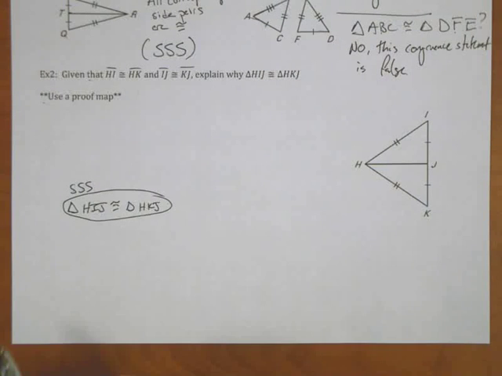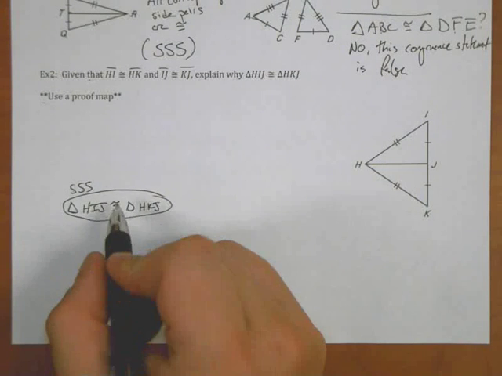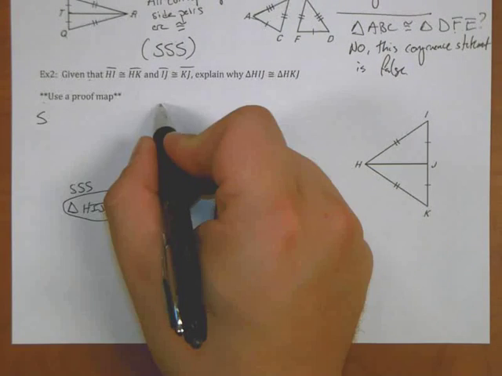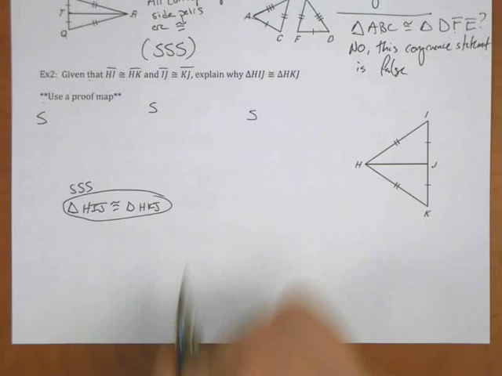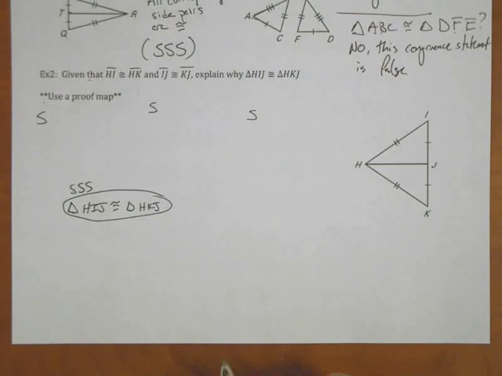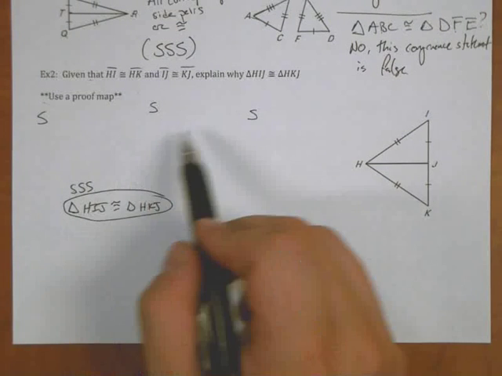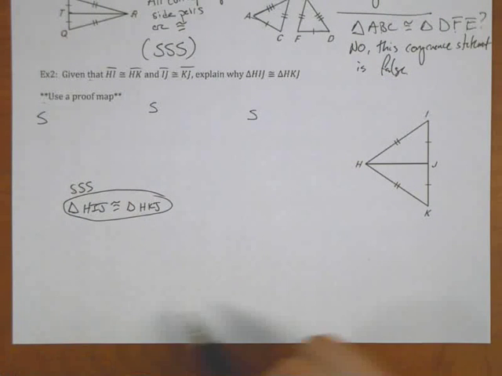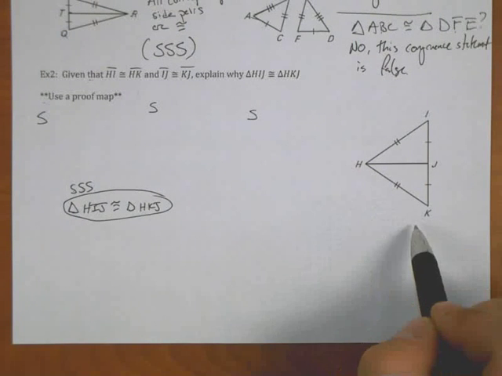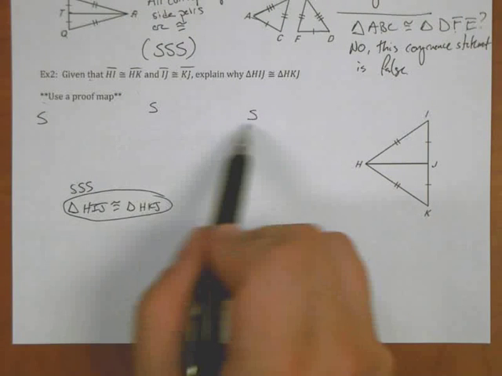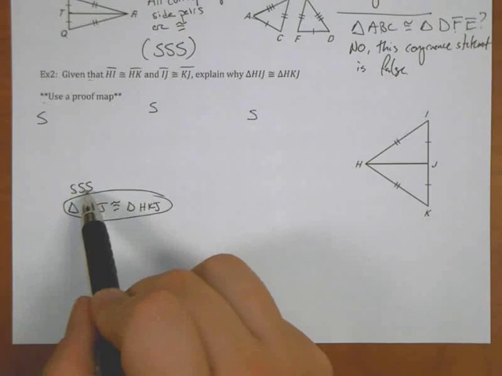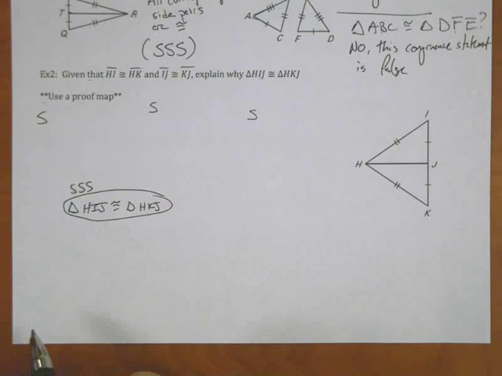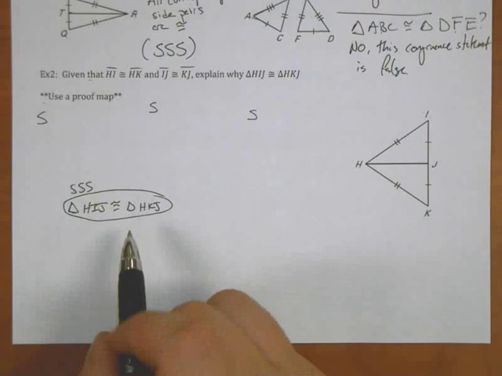Why I'm doing this is, since I know that I have side congruence, that means in order for me to claim this, I need to show that there are 1, 2, 3 pairs of sides that are all congruent. For each of these, I'm going to explain why a different pair of sides in this diagram are congruent. Once I know that, those 3 things will come together and tell me by side-side-side that the triangles themselves are congruent.